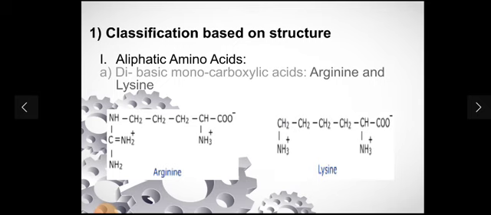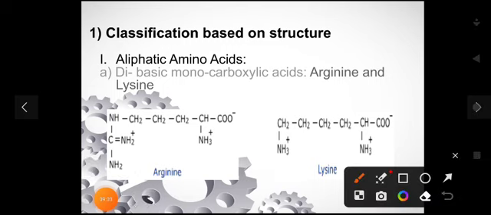Now we have the ones that are dibasic and monocarboxylic. In other words, it contains two or more amino groups that are present, and then one carboxylic acid group.